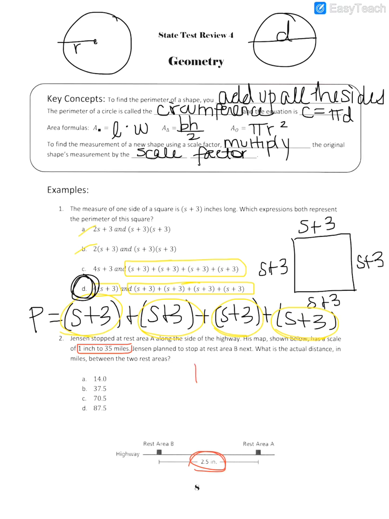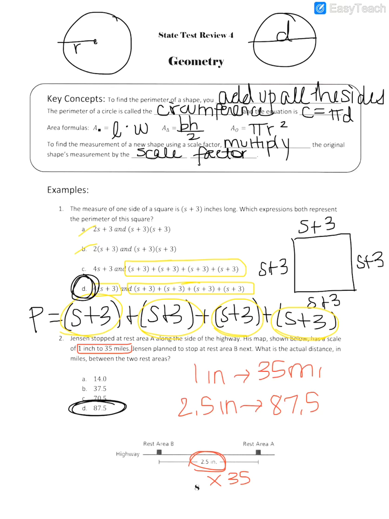They're telling us 1 inch is 35 miles. So if I have 2.5 inches, I need to multiply 2.5 by 35. Okay, and that gives me 87.5, which is choice D.